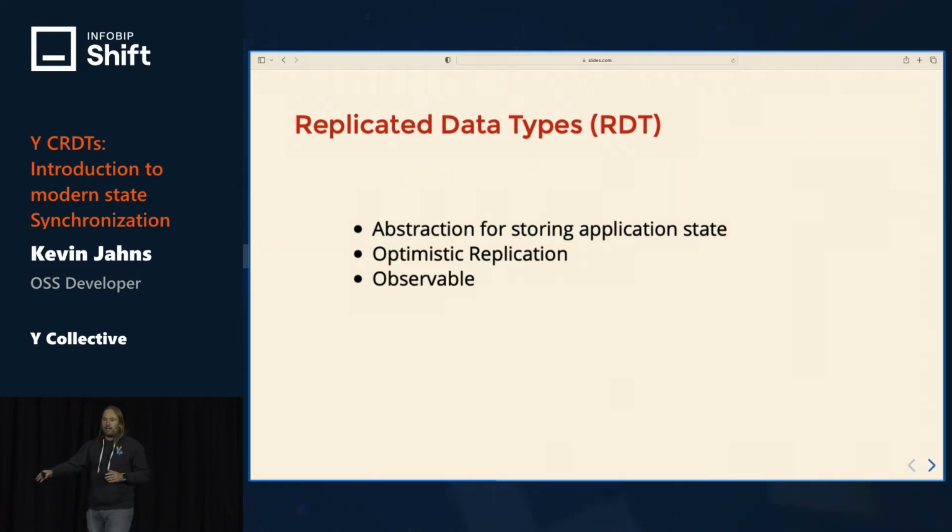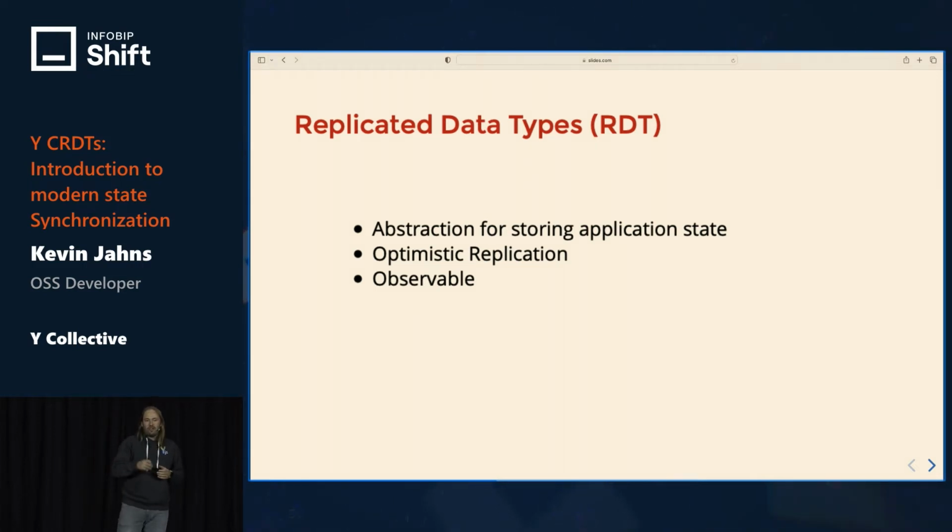So what we came up with is our replicated data types. It's a very, very easy abstraction, and it's really nothing magical. Replicated data types are simply data types that sync automatically. You can think of a replicated data type as a normal data type that you manipulate. It has methods, and you can perform some kind of operations on them.